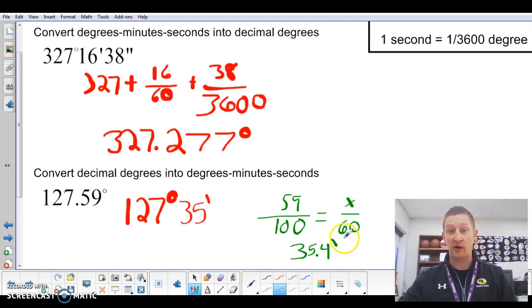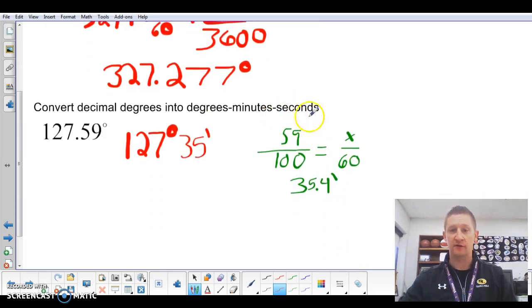This 0.4 part, now I'm going to make another proportion to deal with that. I'll turn that into a number of seconds. Well, 0.4, it's 4/10ths of a minute. Okay, so there are 35 minutes and 4/10ths of a minute. Well, 4/10ths of a minute would be equal to how many seconds? And again, a second is a 60th of a minute.